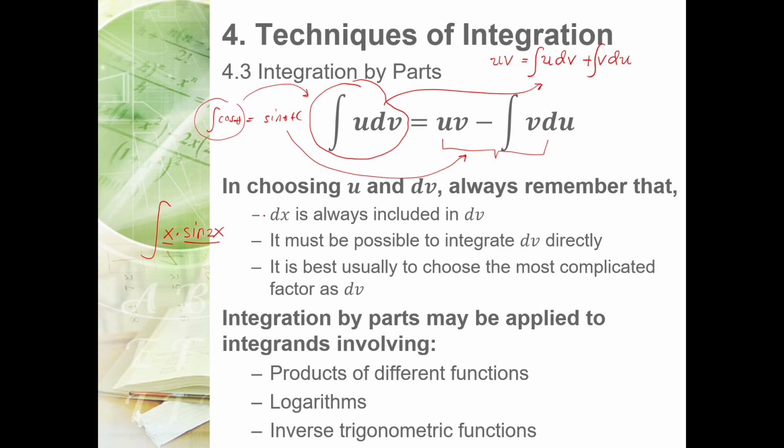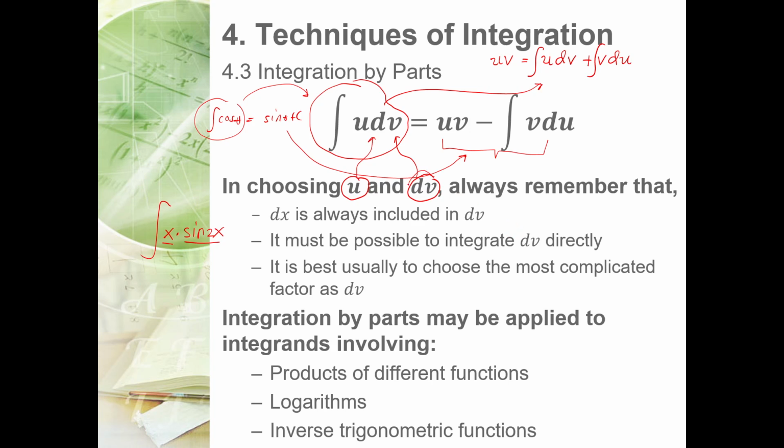The tips here are in choosing your u and your dv. We need to choose u and dv because they will represent the formula later. The tips: dx is always included in dv. It must always be possible that your dv can be integrated directly.